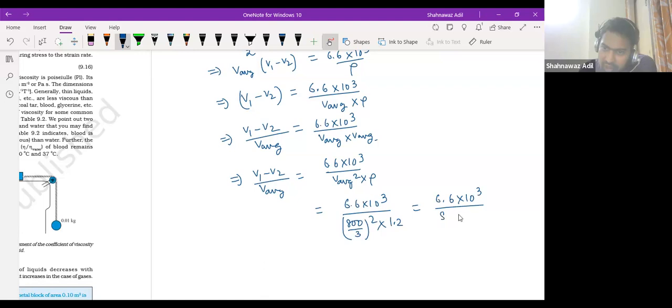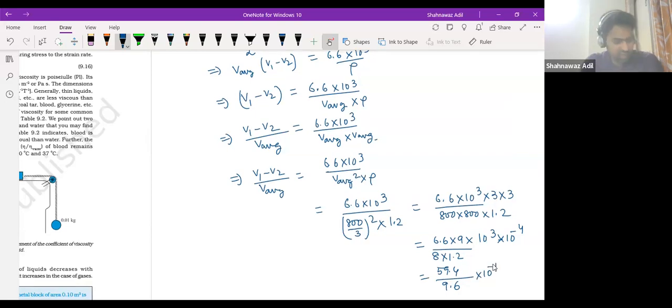And 800 into 800. This 3 will go upstairs, and this is 1.2. So this is how much? 6.6 into 9 into 10 to the power 6 minus 10 to the power minus something, divided by 8 into 1.2. So how much is this? 9.6 into 10 to the power minus.